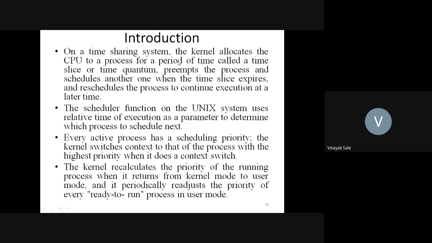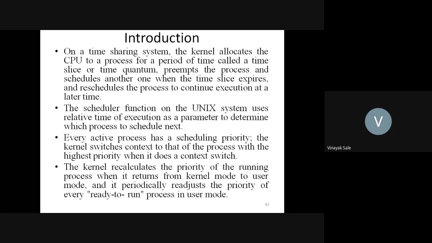So on a time sharing system, the kernel allocates the CPU to a process for a period of time called a time slice or time quantum, preempts the process and schedules another one when the time slice expires, and reschedules the process to continue execution at a later time.